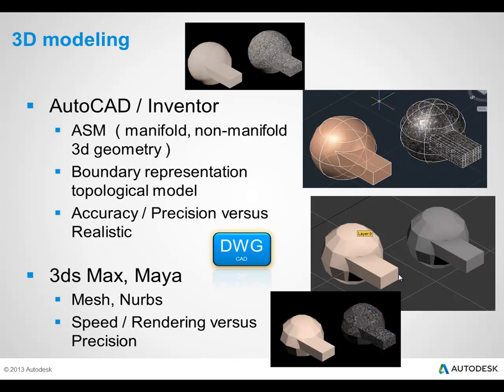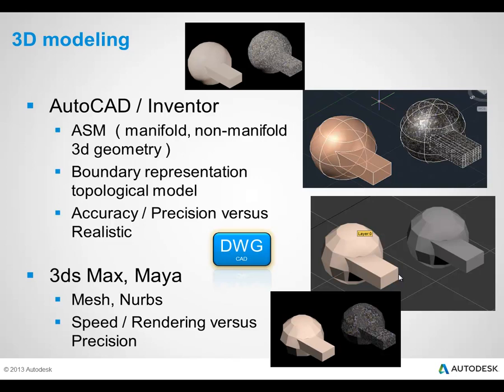So it's using the data for engineering purposes and has very high precision and accuracy, but it may not show visually in a realistic sense. So when you're rendering it, for example, tessellation could be an issue and that sort of thing.